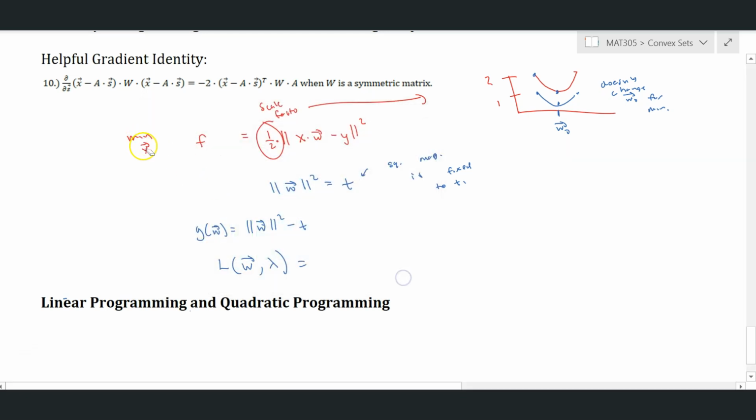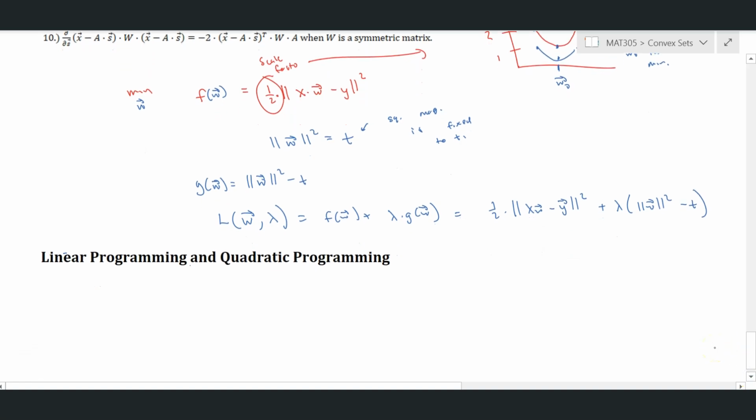The reason I can't use x is because x is a matrix here, right? But we're trying to find the w that minimizes f of w. Okay, so we have f of w plus lambda times g of w. And so that's going to be 1/2 times the square of the magnitude of xw minus y, and then plus lambda times the magnitude of w squared minus t. Perfect. Okay.